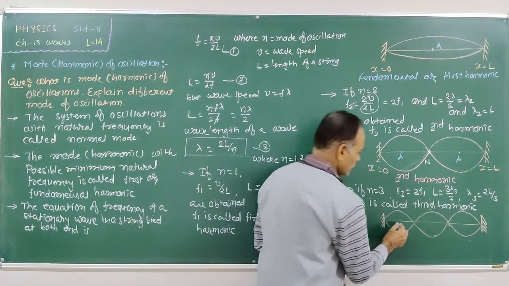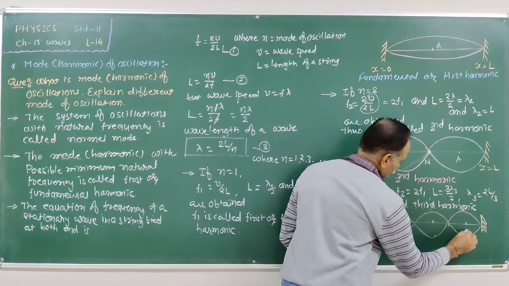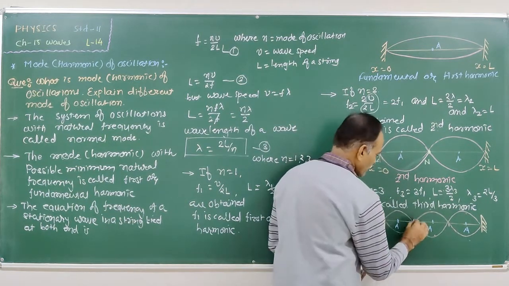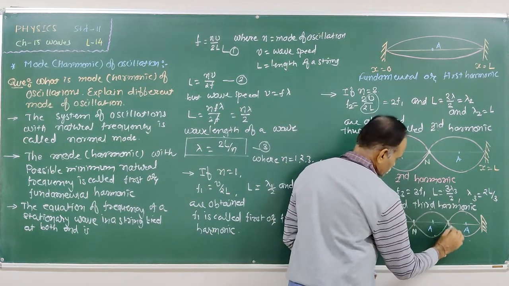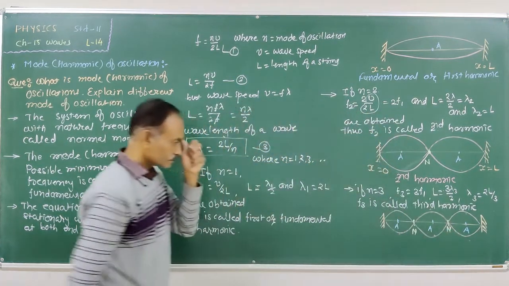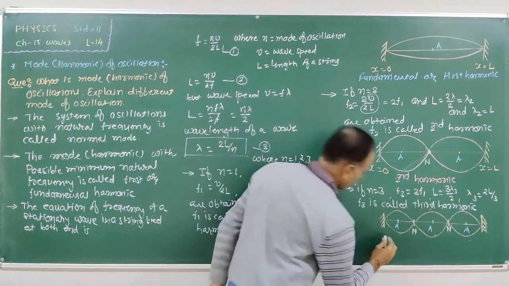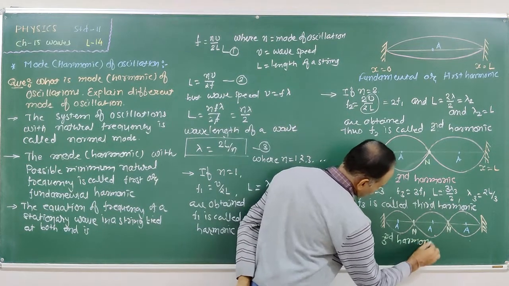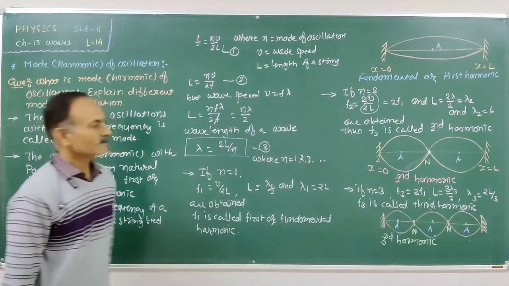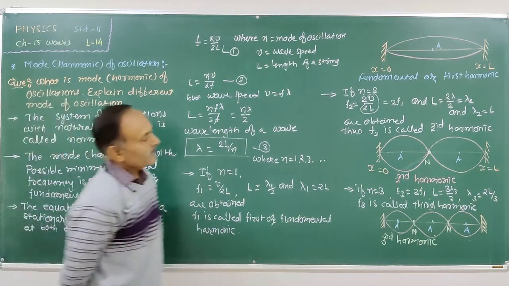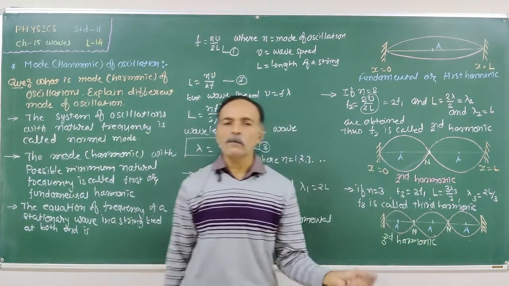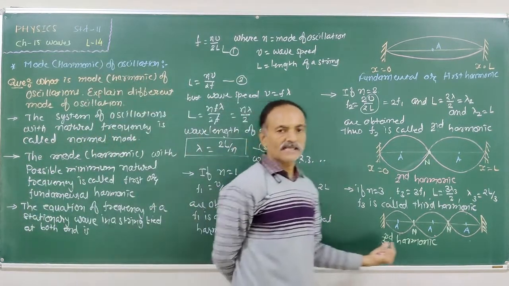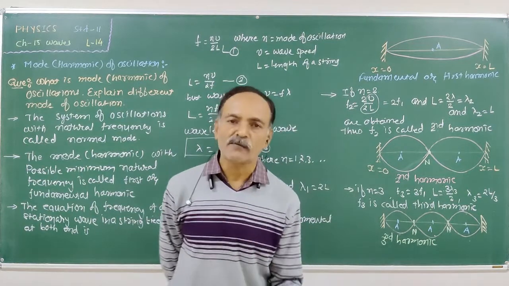These points are the antinodes, while these points are nodes. Here there is the third harmonic, the third mode of oscillation. Similarly, as we take n equal to 4, 5, 6, we obtain the fourth, fifth, and so on modes of oscillation or harmonics.